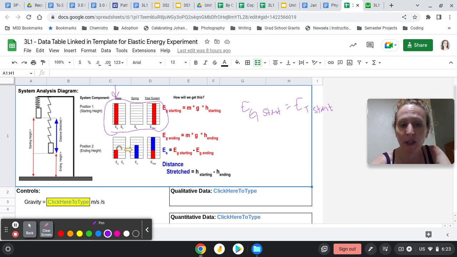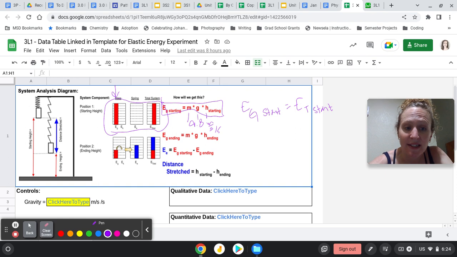We also have up here the equation for gravitational energy. Gravitational energy is mass times the strength of gravity on Earth, which is 9.8 meters per second squared, always and forever, times the height.